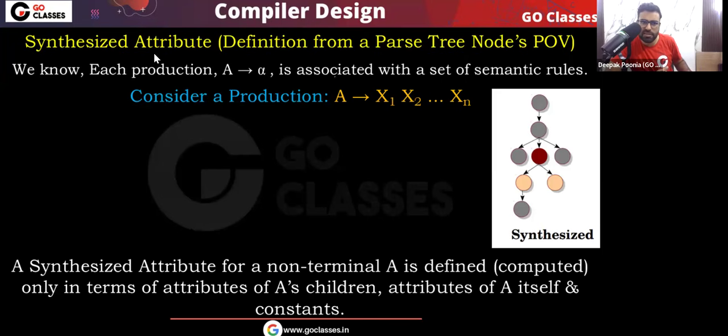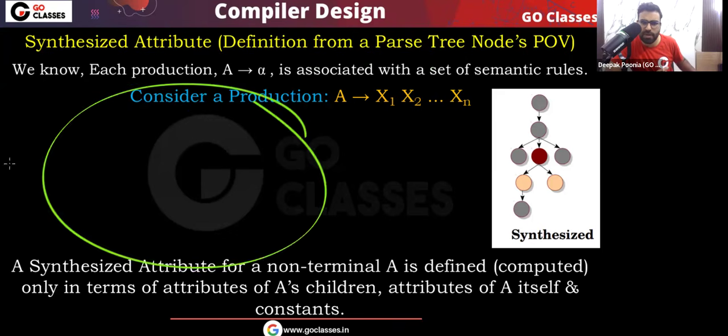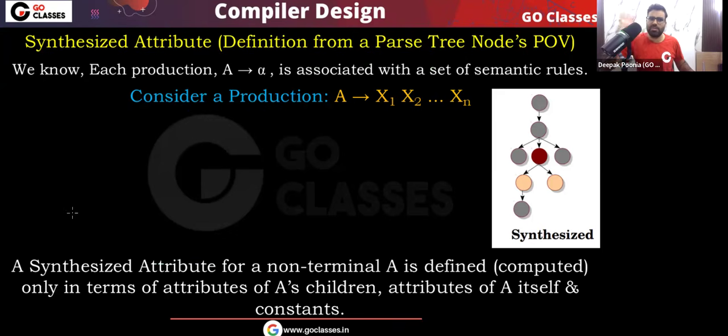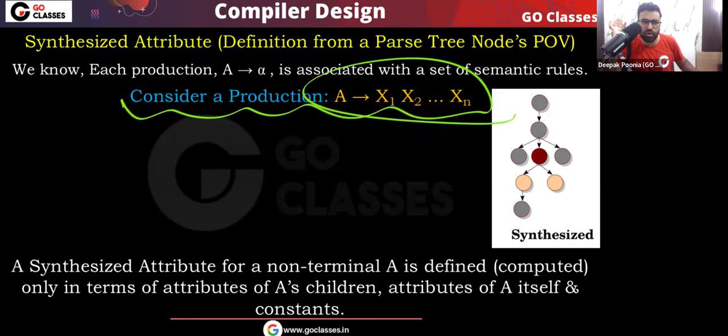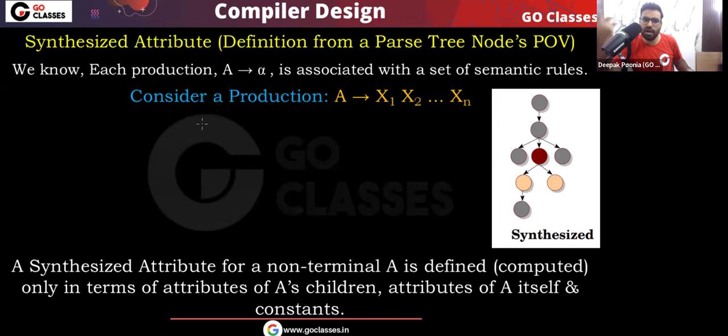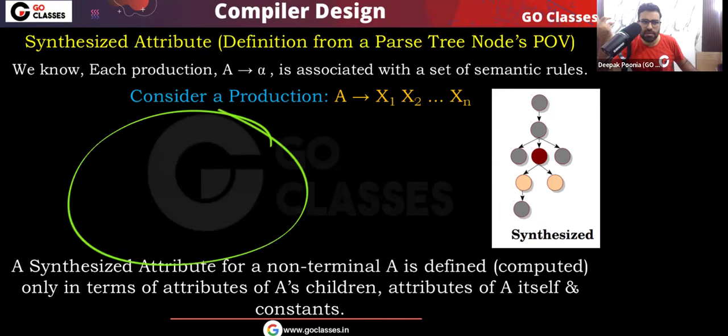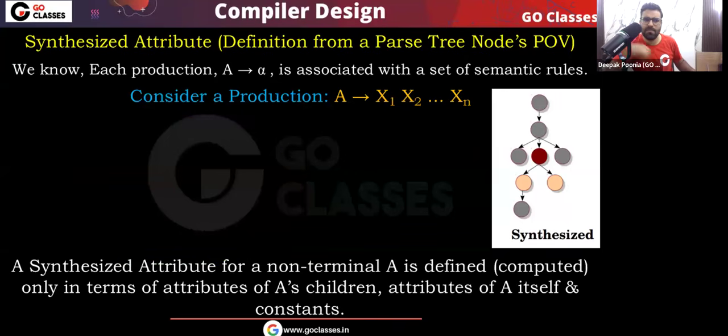So already we have seen the synthesized attribute definition from the production point of view. Now, how will this production be translated inside a parse tree, or I can say how will this production be used inside a parse tree?